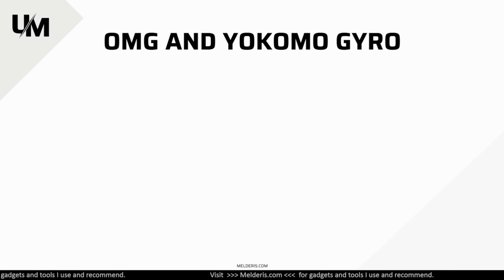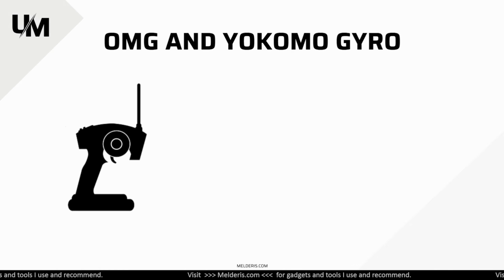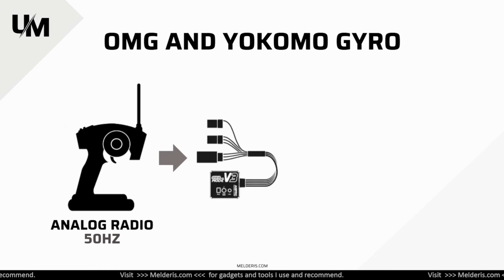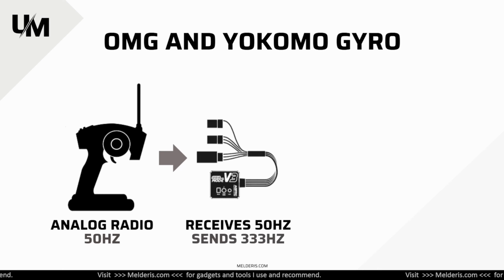So the OMG and Yokomo gyro. If I use my analog radio system sending 50 Hz to my gyro, which receives 50 Hz, remember that the OMG and Yokomo gyros both output only a high frequency digital signal.